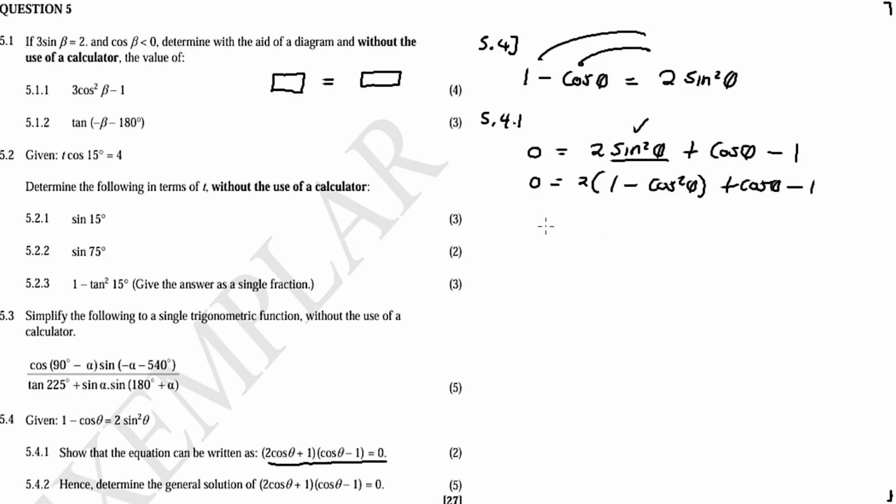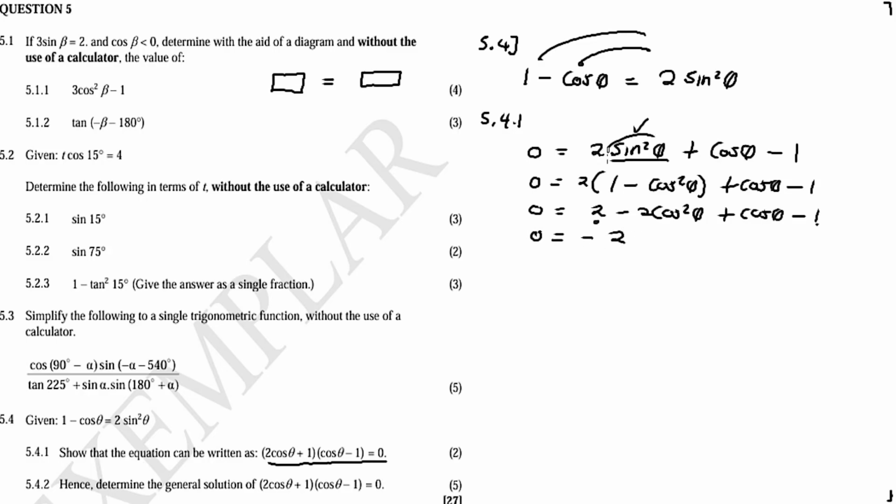So multiply again afterwards. We have 2 minus 2 cos squared theta plus cos theta minus 1. Okay, 0 is equal to, then these are like terms, so we have minus 2.